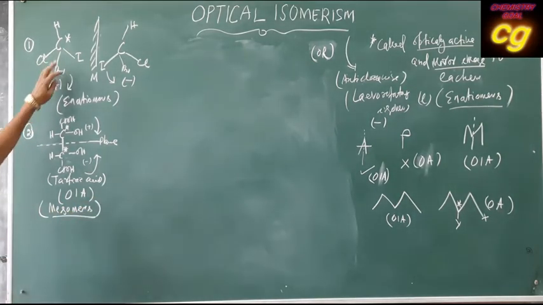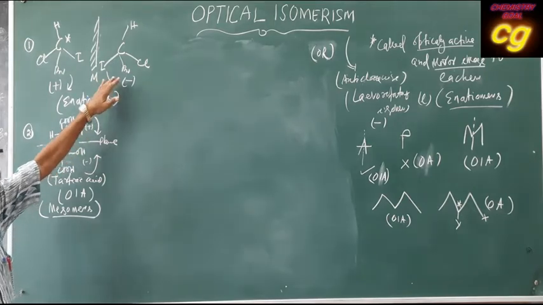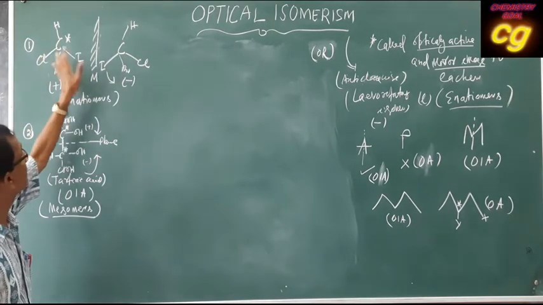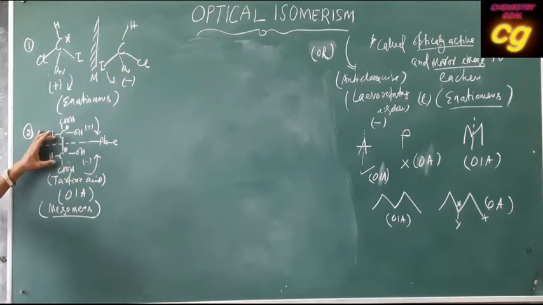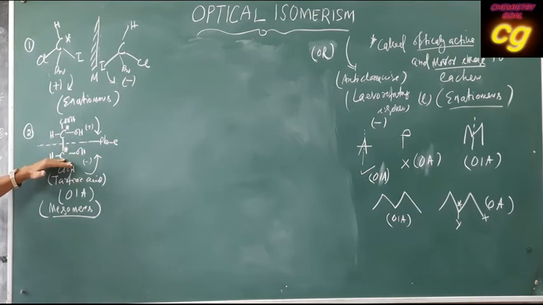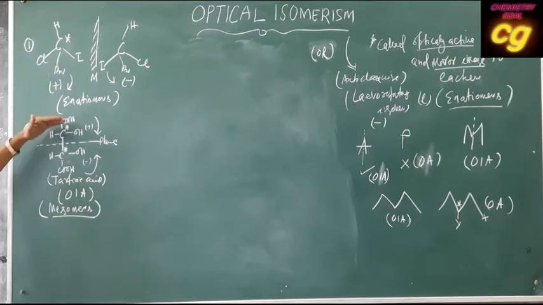Very important. This is enantiomer. What are enantiomers? Optically active and mirror image. But here, this is the same type of isomer, but one half is opposing the other half, and there is a plane of symmetry.